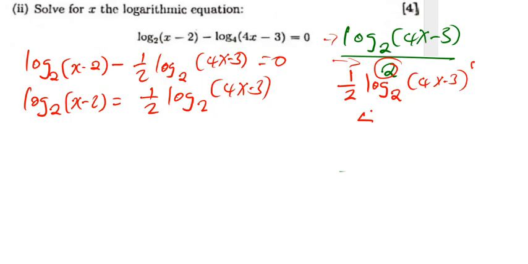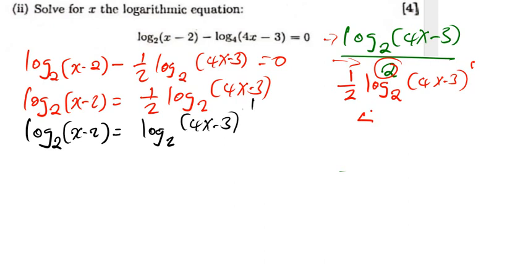Now I want to make the bases the same, meaning that in front I don't need to have anything. So I'll shift this to the front. Now I have log base 2 of x minus 2 is equal to log base 2 of 4x minus 3 raised to the power half.